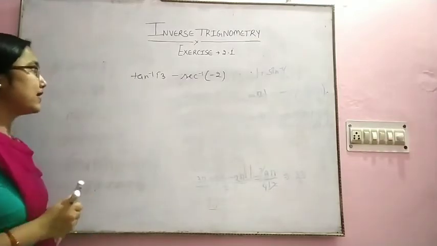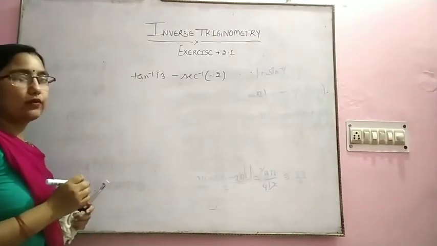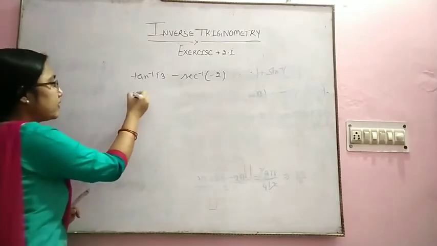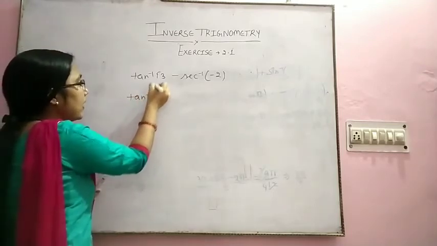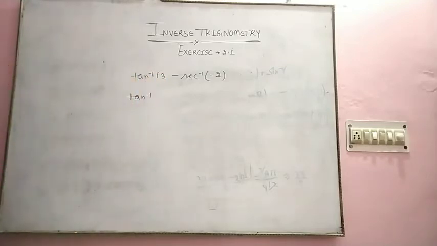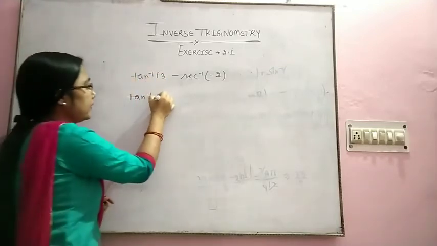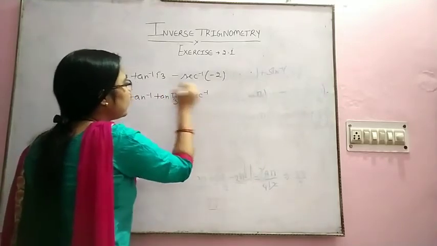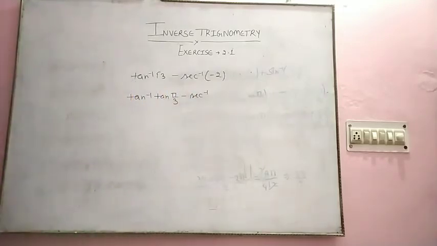Last question for this exercise is tan inverse root 3 minus sec inverse minus 2. We have to find the value of this expression. So let's start. Tan inverse root 3 is written as tan pi by 3, minus sec inverse minus 2 is written in terms of sec.